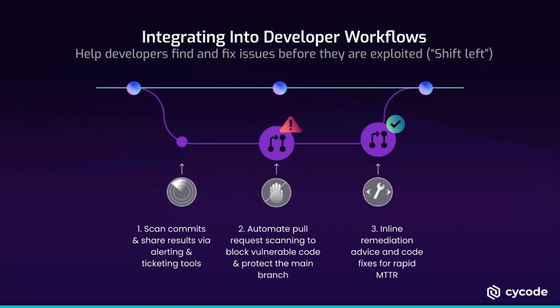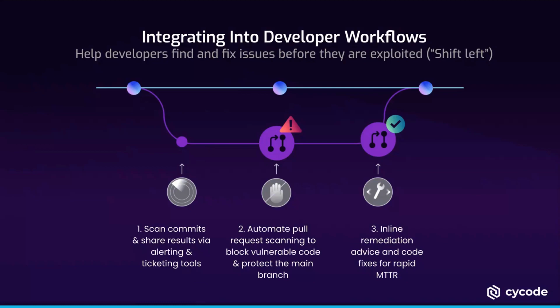The second phase can be not only to alert or to provide visibility to this misconfiguration, but actually to block the vulnerable code and protect essentially the main branch. So protect the main branch from integrating some code that is misconfigured, which will then right after be deployed into your cloud environment.